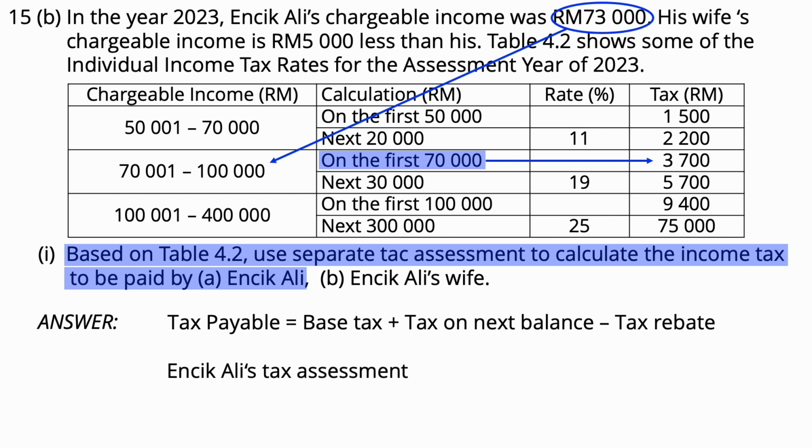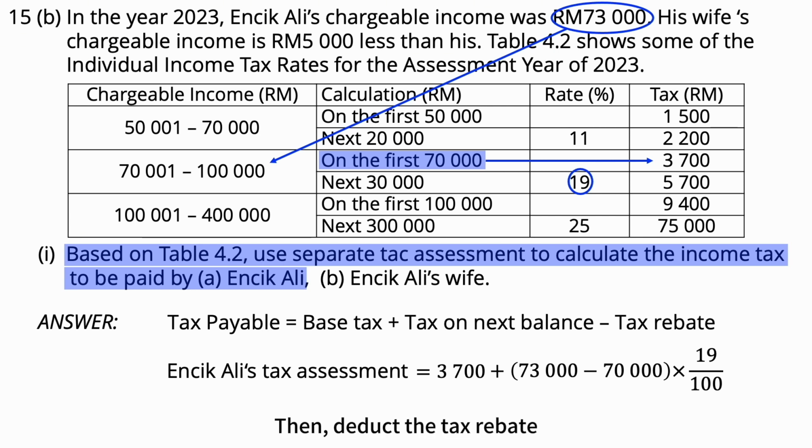Inequality's tax assessment equals base tax 3,700 plus the tax on next balance. 19% to be charged on next balance. That's 73,000 minus 70,000 times 19%. Then, deduct the tax rebate.